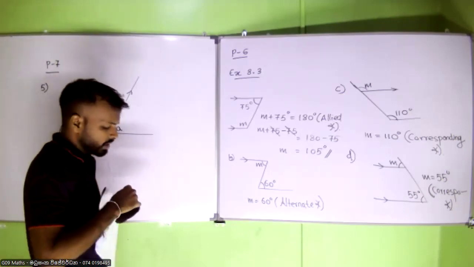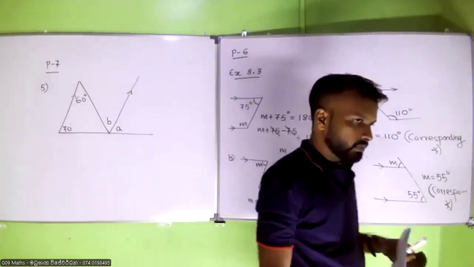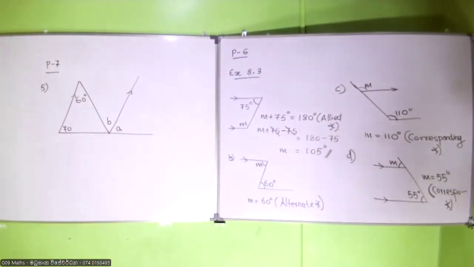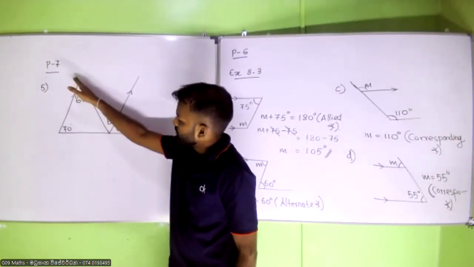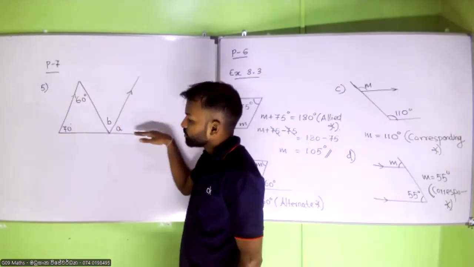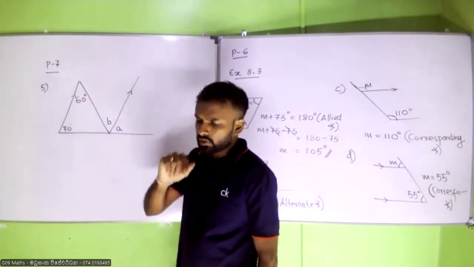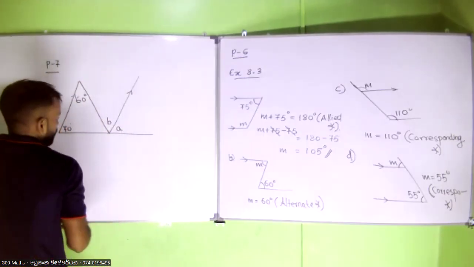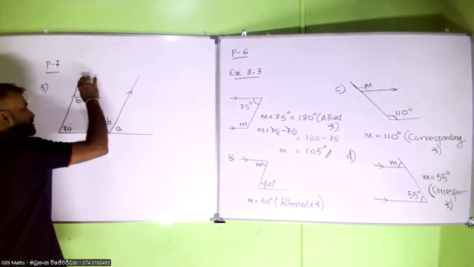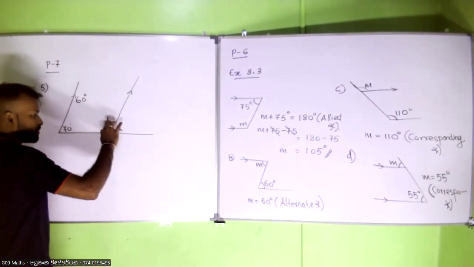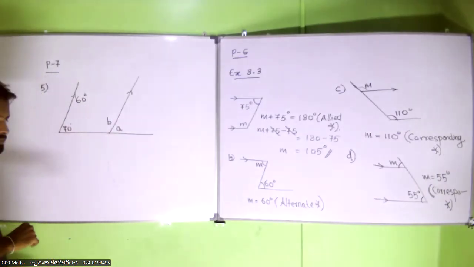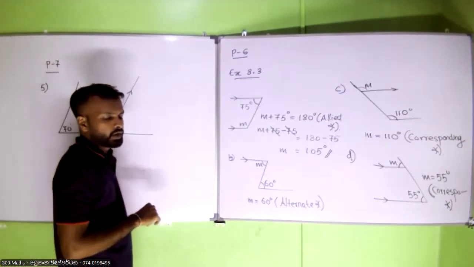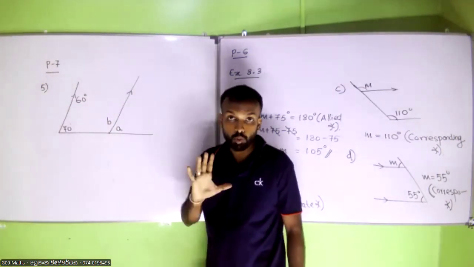So what you can see is there are two parallel lines, and there are two transversals also. First of all, I am going to forget this transversal for a moment.